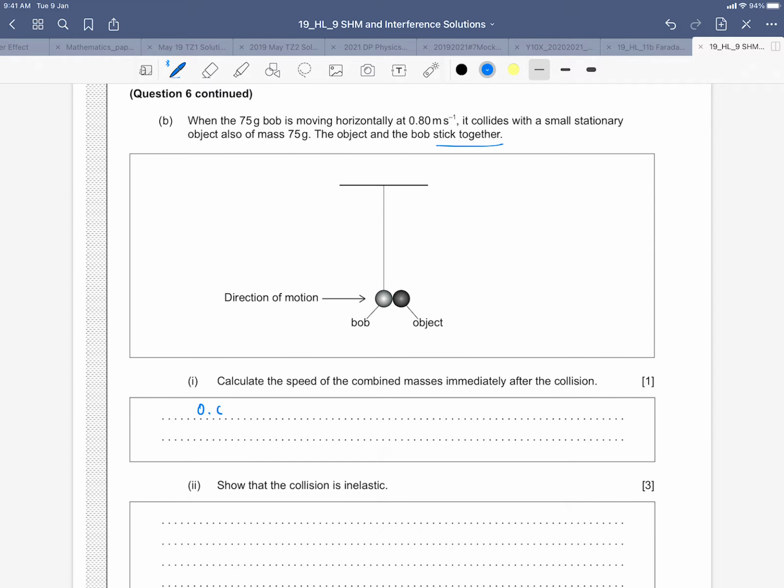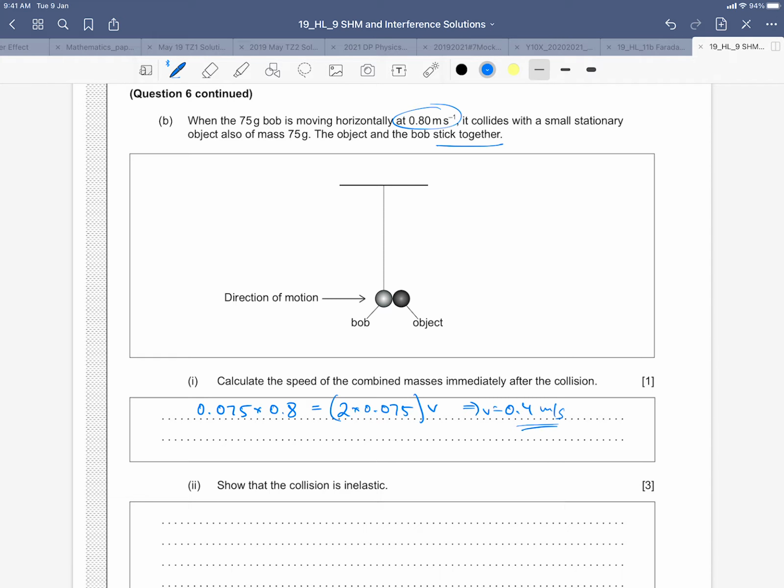So we have the momentum before, the mass times the speed, which is given to us as 0.8. And that has to equal the momentum afterwards, which is double the mass moving at speed v. And then you get 0.4 meters per second, half the speed.